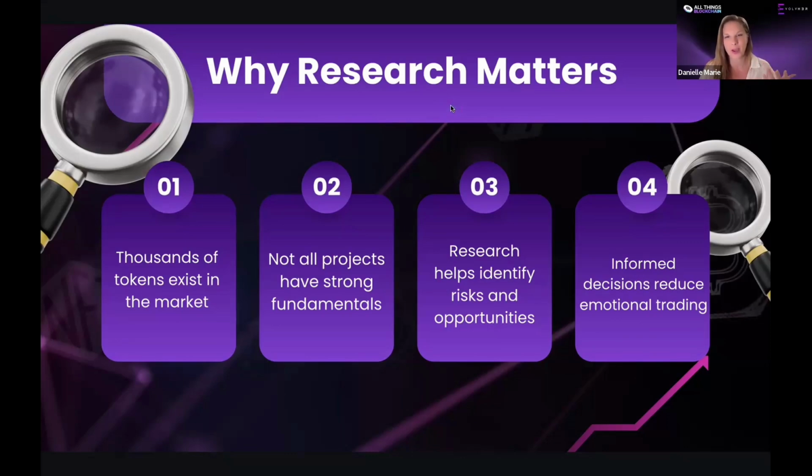Is it backed by data and science? Where is the data coming from? It's the same thing with humans. We need to understand the projects to make informed decisions, so that when we're investing in any type of project, we're not trading emotionally or just based off hype or gut. We've actually done our research and we know that the project has good fundamentals.